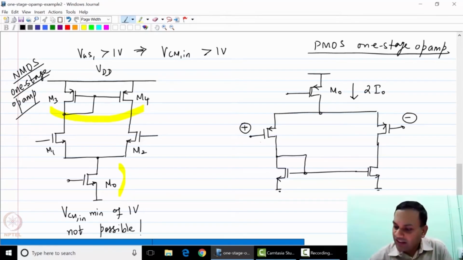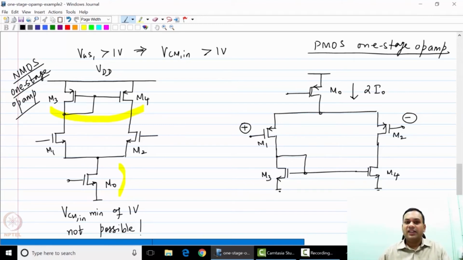And now these transistors are M1, M2, M3 and M4. The sources of the NMOS current mirror are connected to ground, analogous to the connection to VDD for M3 and M4.